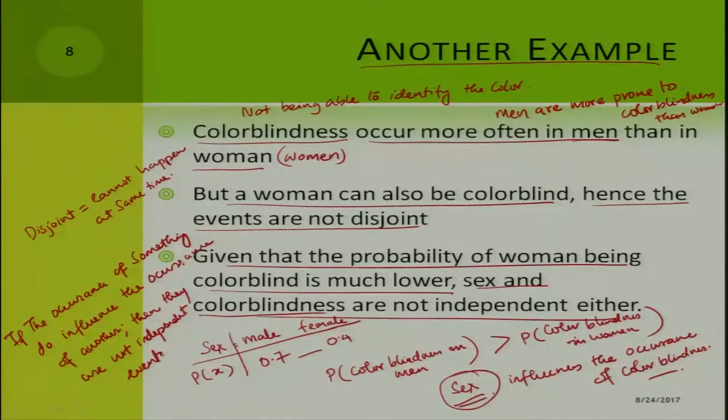Then, when you are doing analysis, they should not be analyzed as independent events. That is the most important aspect that you need to think about.